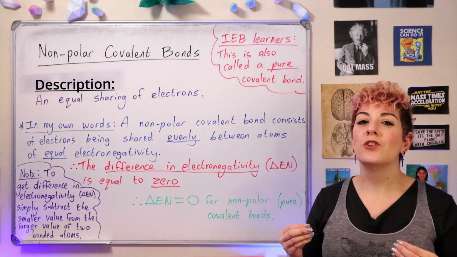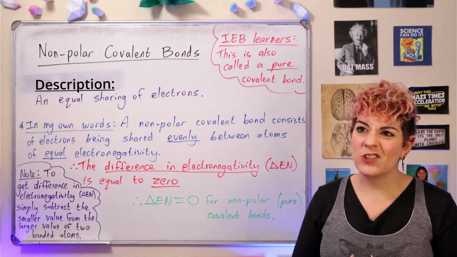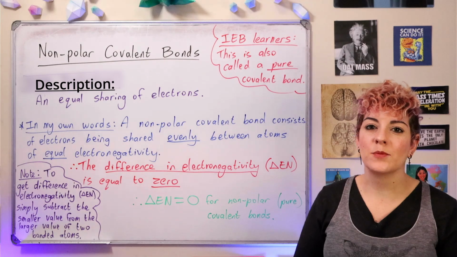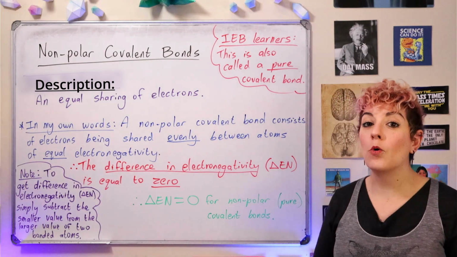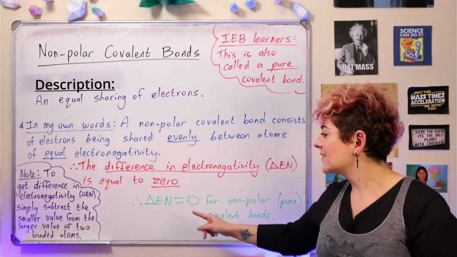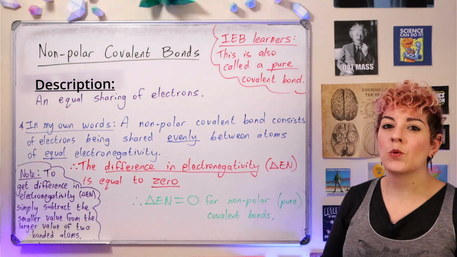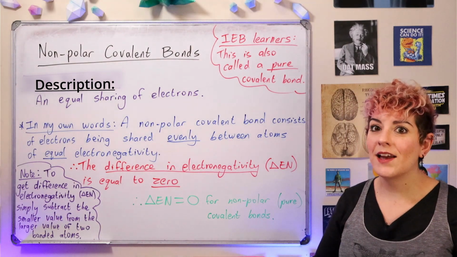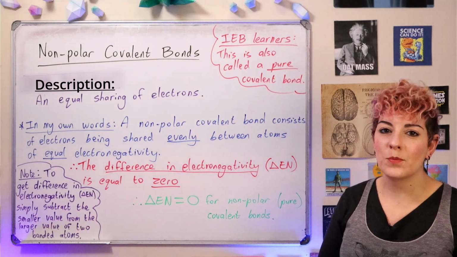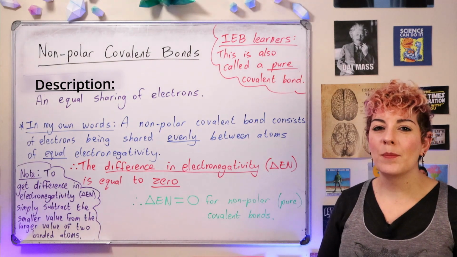But for non-polar covalent bonds, it's really the same number subtracted by itself. For non-polar or pure covalent bonds, delta EN is exactly equal to 0. That's how you know it's a non-polar covalent bond. Let's take a look at a couple of examples.